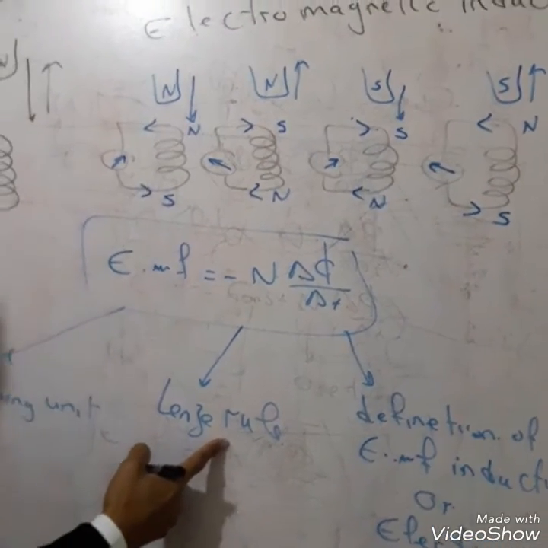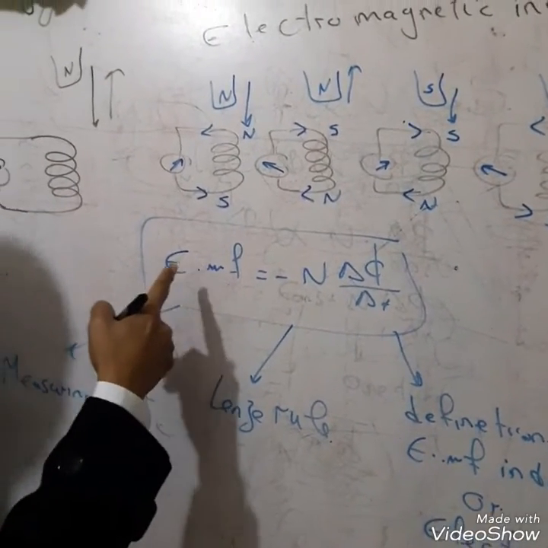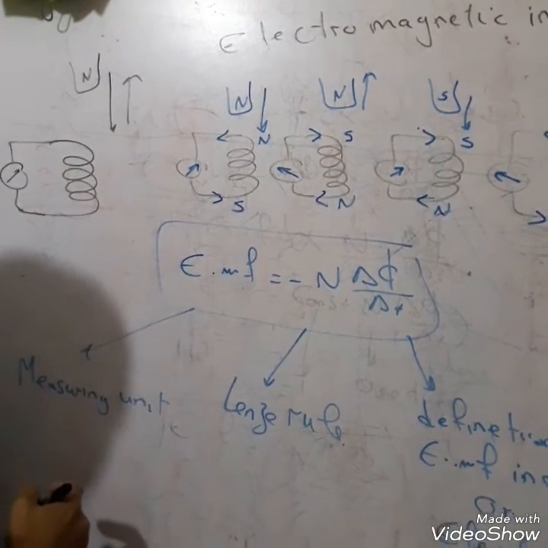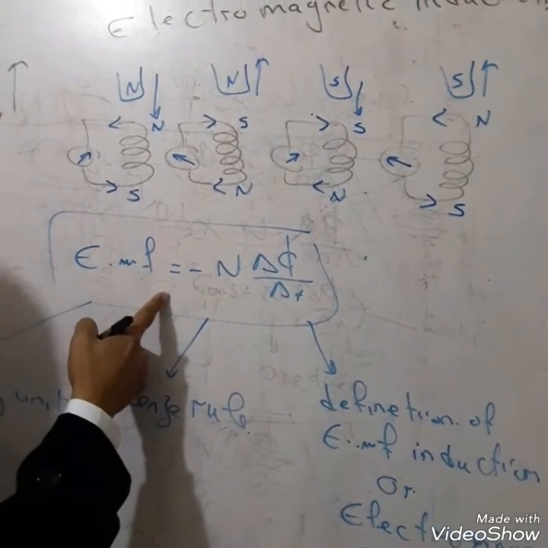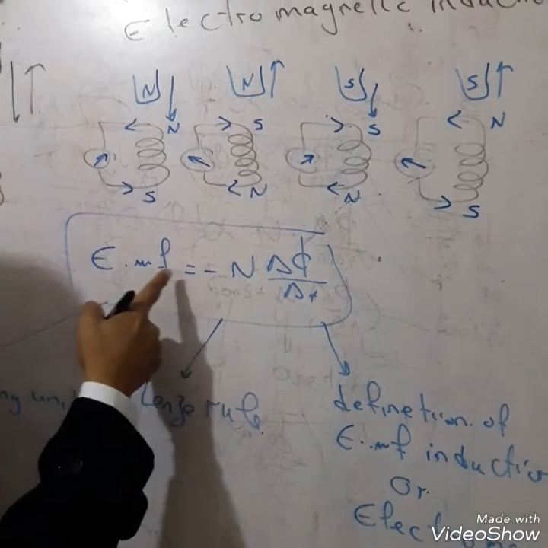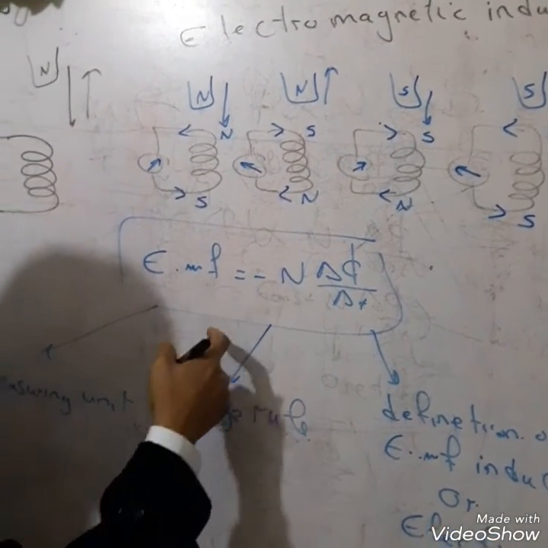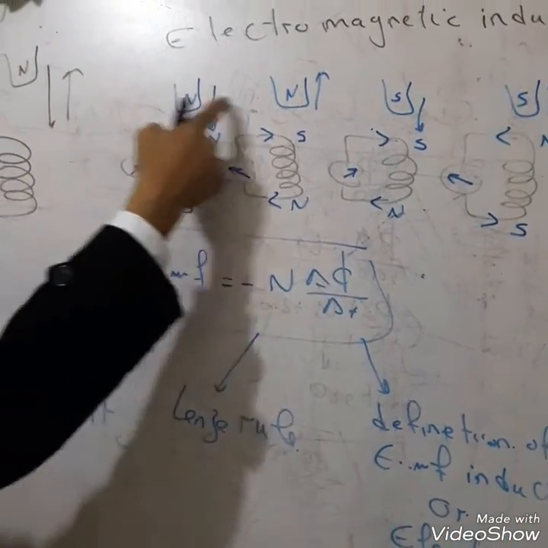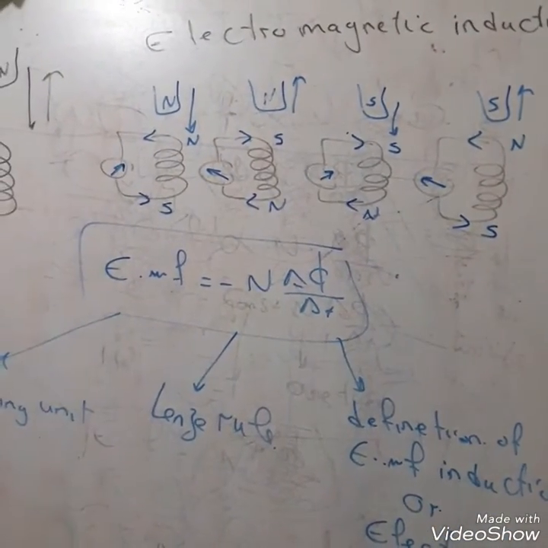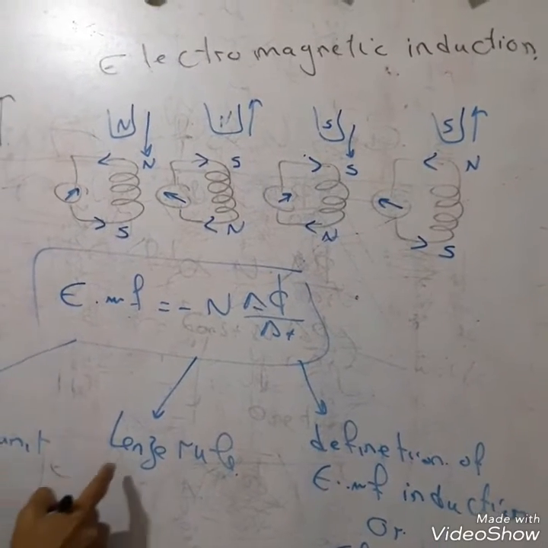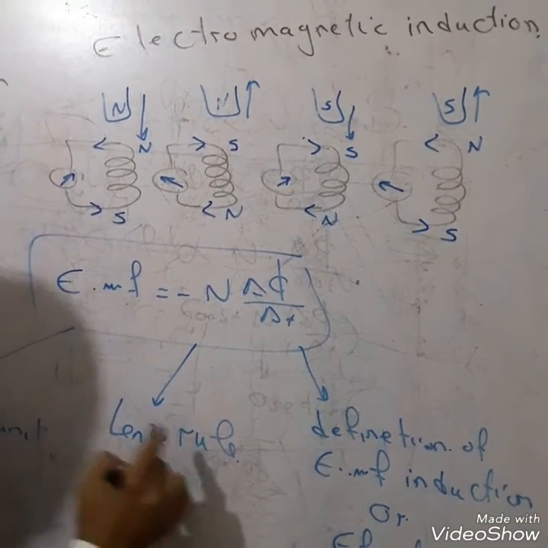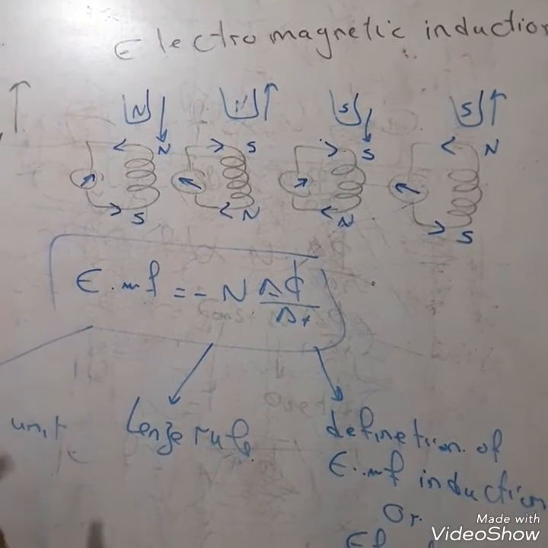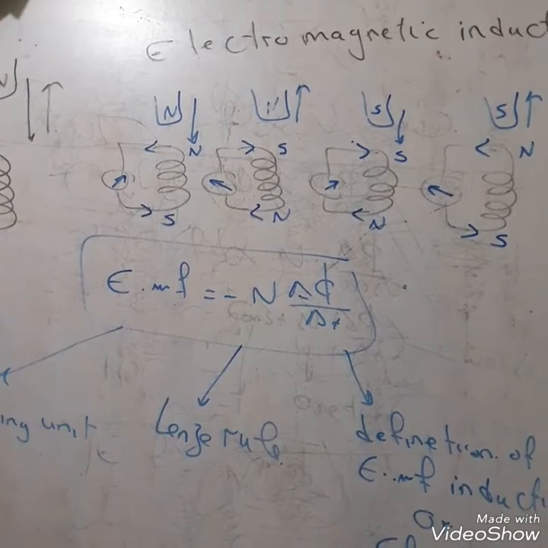Lenz's rule: the electromotive force or electric current induced must always be in a direction such as to oppose the change producing it. What is producing it? The change of magnetic flux, north or south. So Lenz's rule is used for determining the direction of the electric current induced inside the coil.